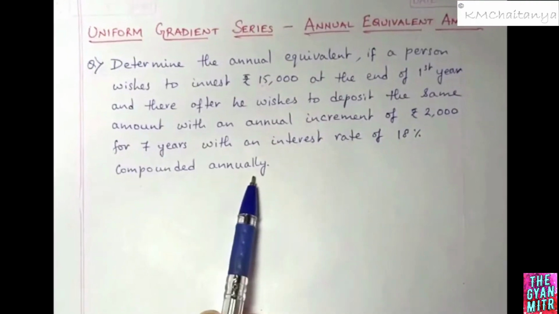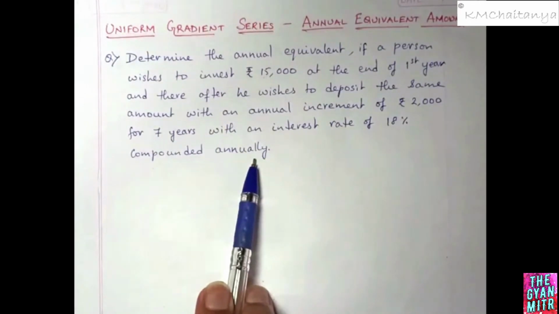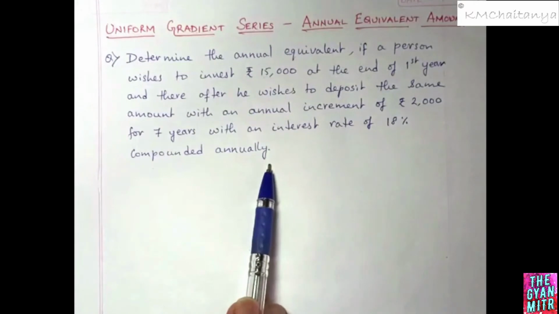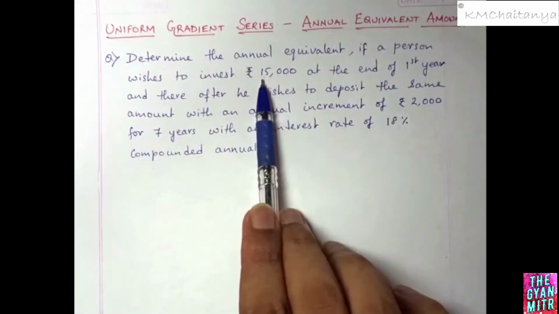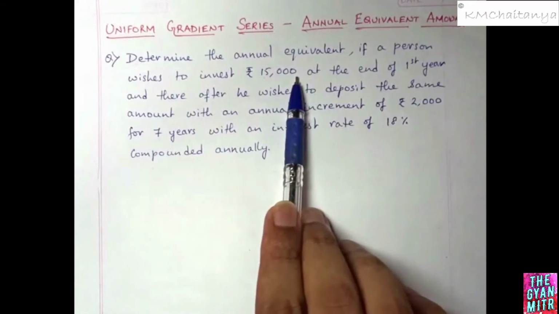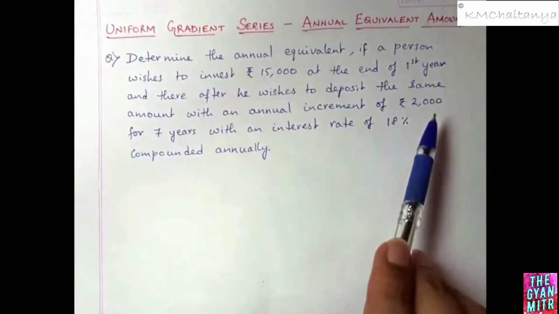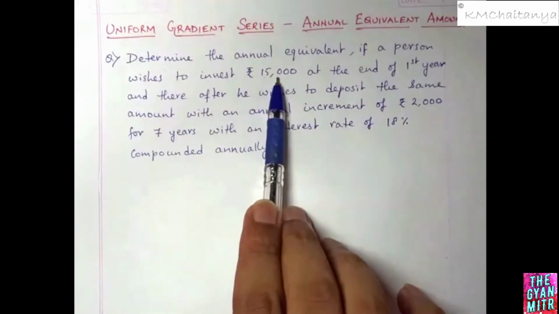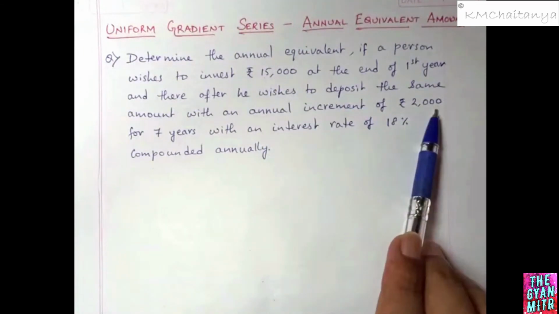So in this particular question, we are supposed to determine the annual equivalent of this particular investment. What is that investment? In the first year, he wants to deposit 15,000. In the second year, he wants to deposit 15,000 plus 2,000. In the third year, he is going to deposit 15,000 plus 2 times the 2,000.